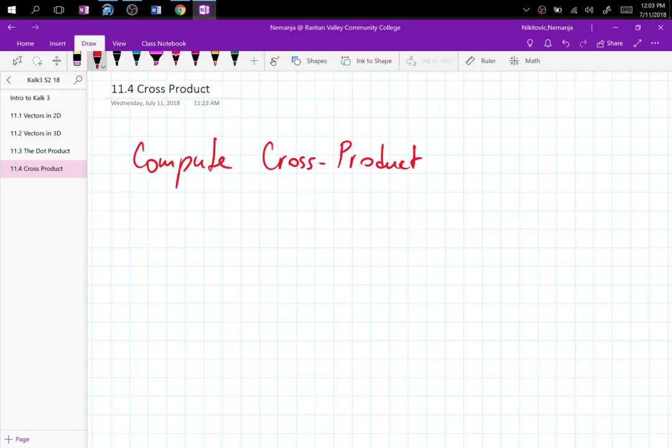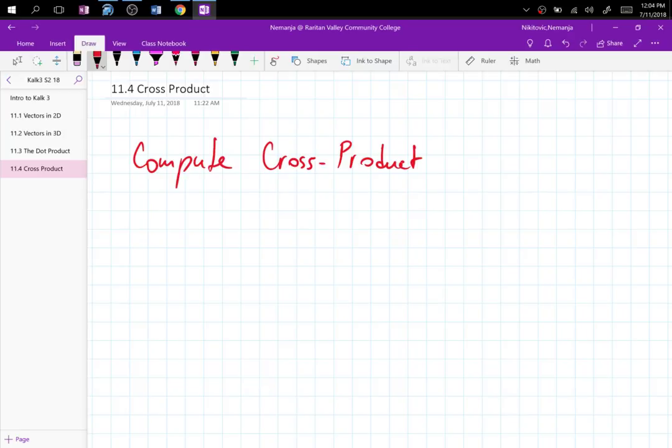To compute the cross product, you have to compute the determinant of a 3 by 3 matrix. And if you haven't taken linear algebra, well, it's time to learn it now.